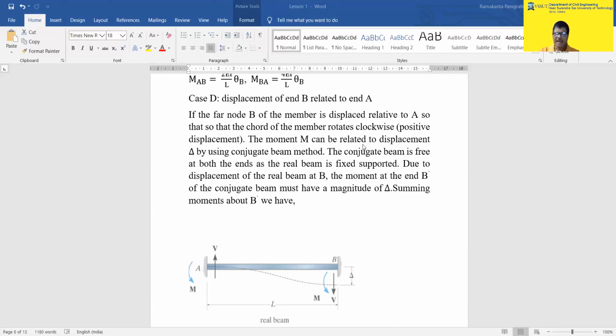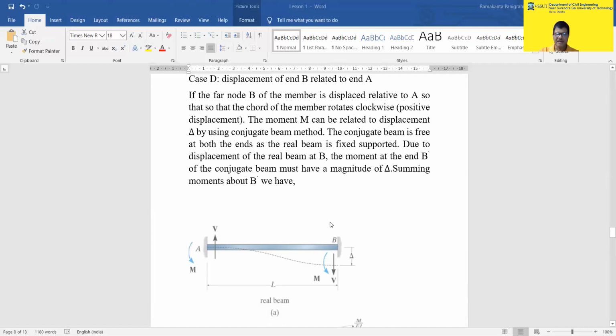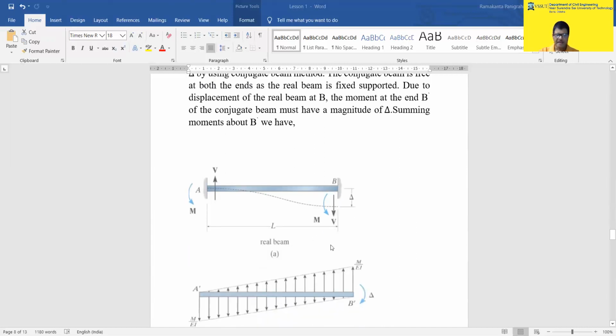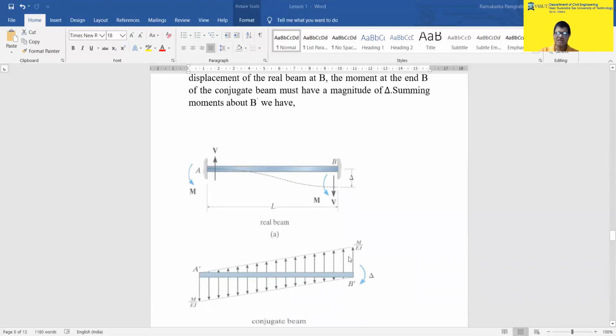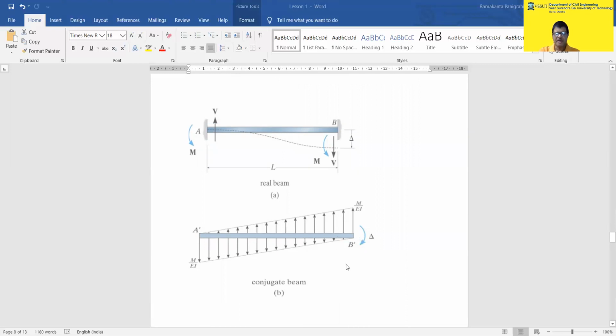Now the moment M can be related to displacement using the conjugate beam method again. Here if you are taking displacement, one end is fixed and this will be a free condition. If both ends are fixed and you are providing a delta value here, then M by EI is the value because of the moment developed, and delta is the value here. This is the real beam, this is the conjugate beam.